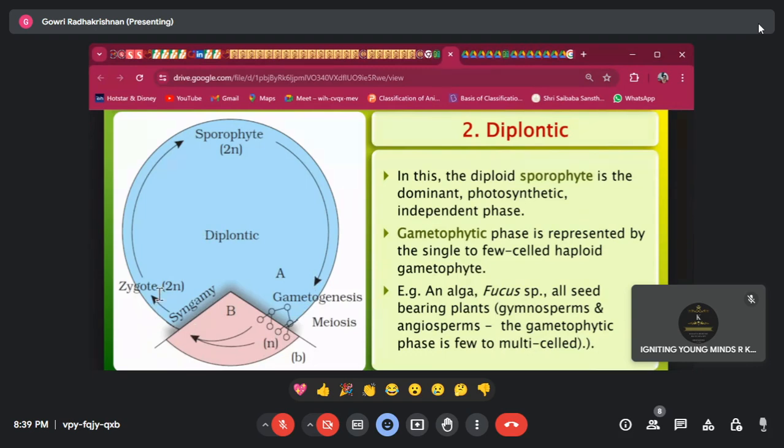Then the zygote, that is diploid, and from there the sporophyte. Sporophyte is again diploid. Then that comes to gametogenesis, again meiosis, then haploid, then again it fuses in syngamy. So it alternates. The sporophyte or the diplontic stage is the dominant stage, that is a photosynthetic independent phase.